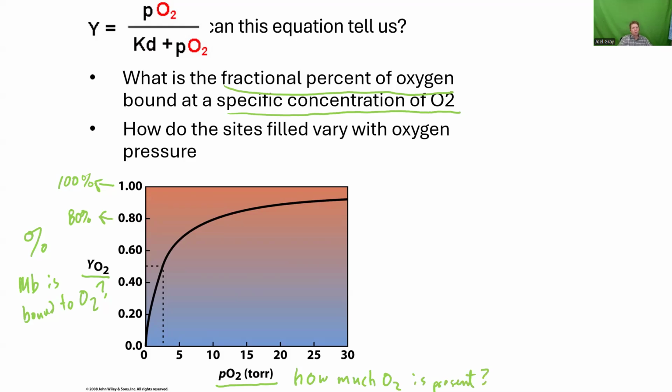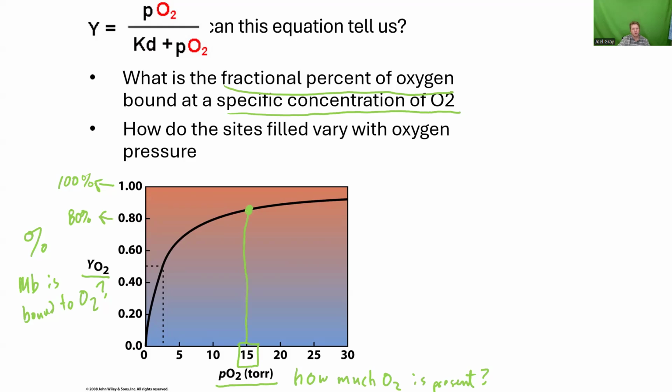Now, the way that I want you to read this curve is, whenever I say, okay, what percentage of myoglobin proteins are bound to O2 when the concentration is 15 torr? Torr are the units that are used. Well, you would say, okay, here's 15 torr. What percentage of my myoglobin proteins are bound to O2 when my concentration is 15?